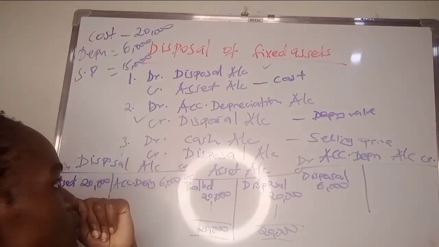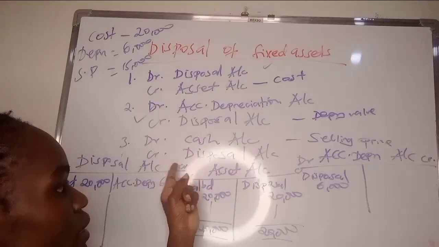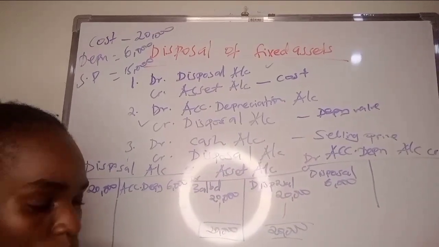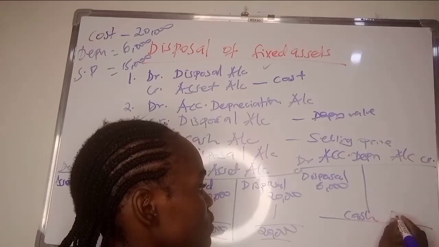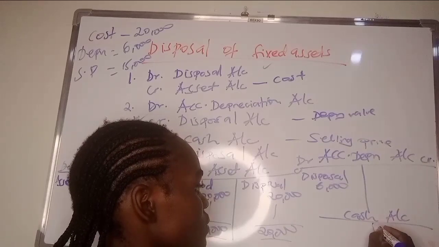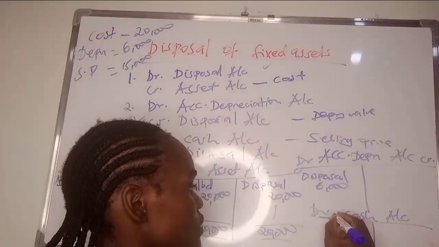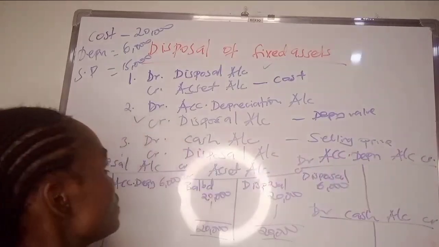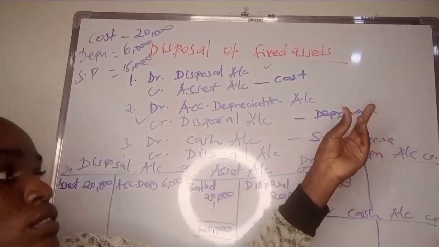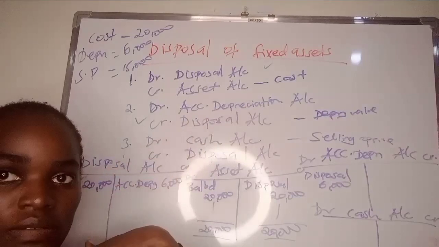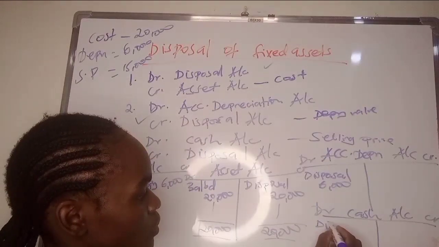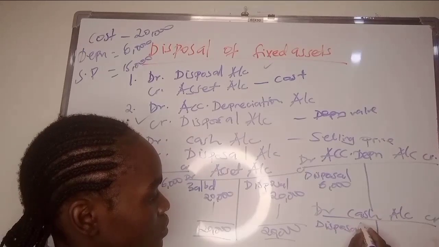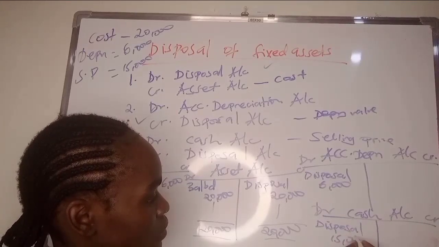The third entry is we debit cash and credit disposal. So we prepare the cash account, debit and credit. We use the selling price, which is 15,000. So we write disposal 15,000.